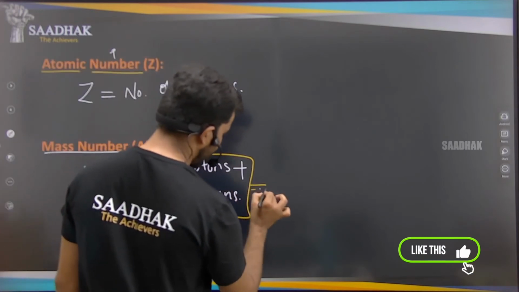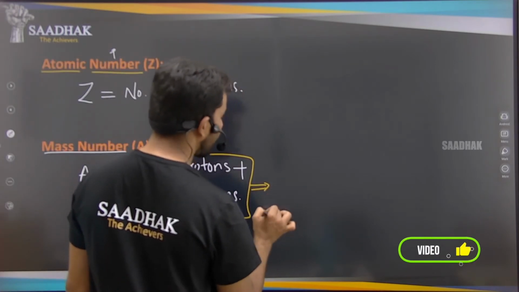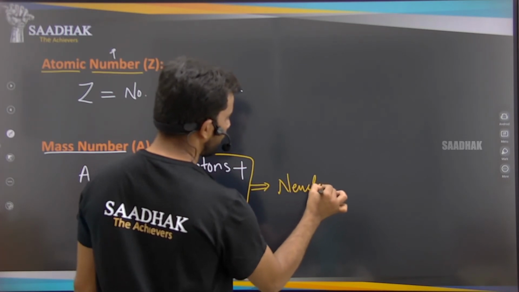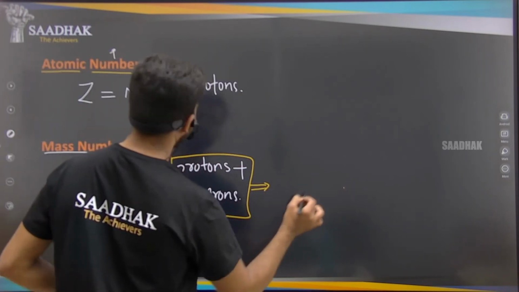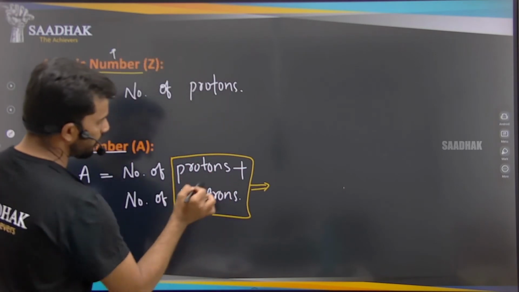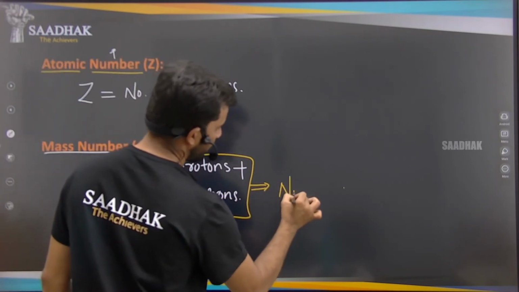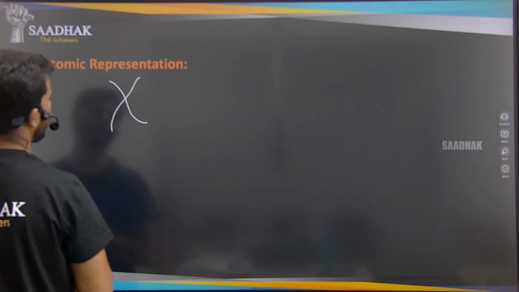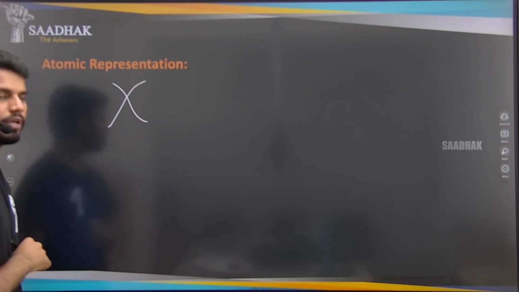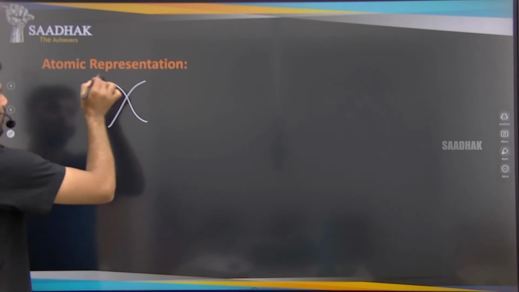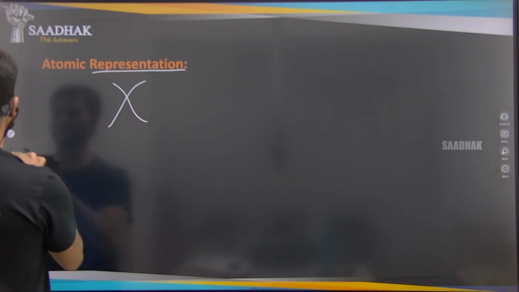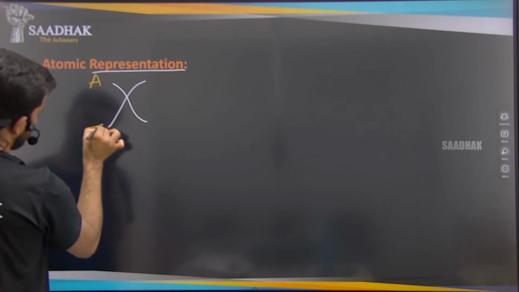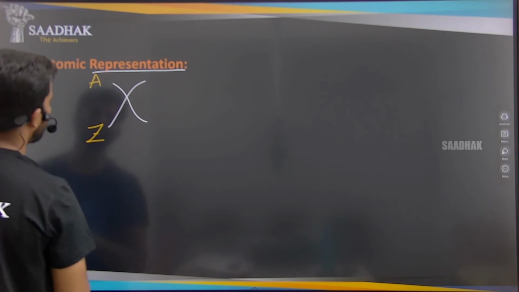We find these protons and neutrons in the nucleus, right? So we can say this is some X atom here, and the atomic representation is written using A and Z here. So what is that A that we have learned just now?